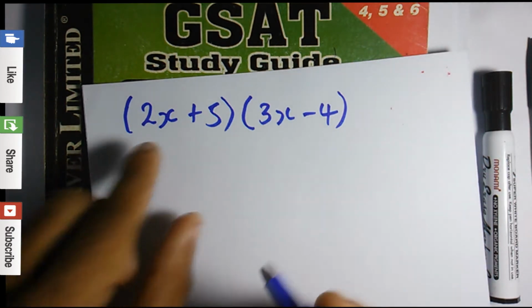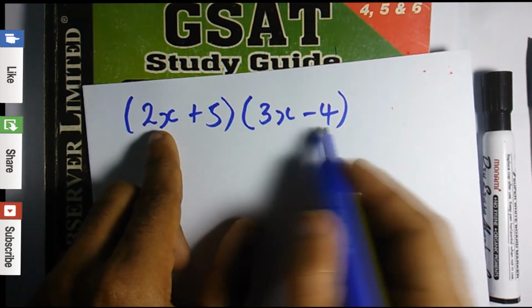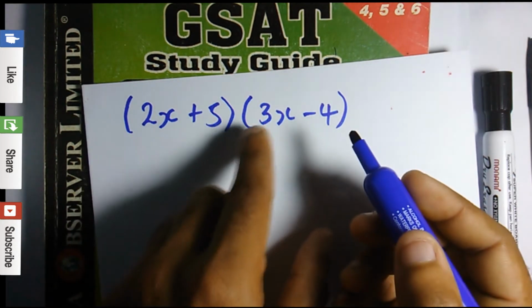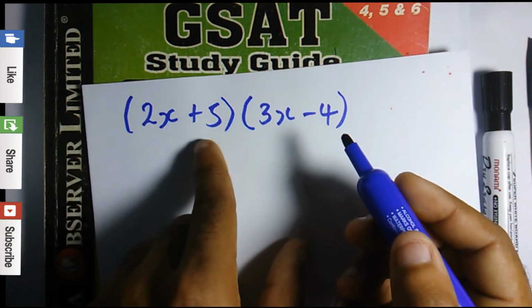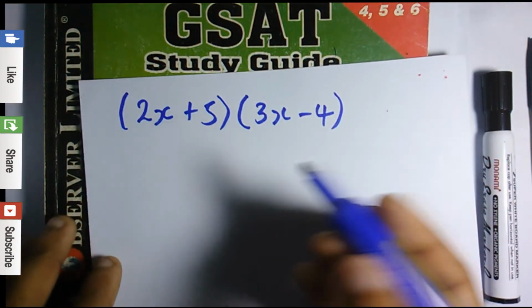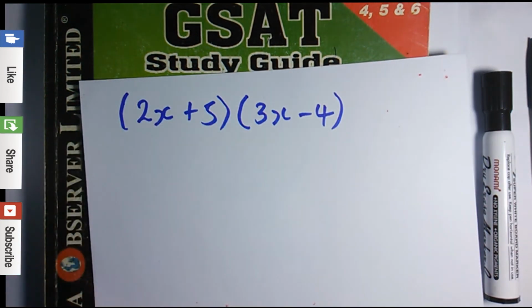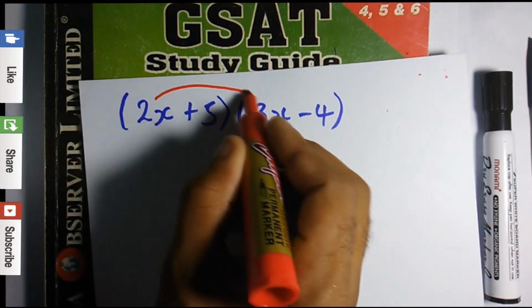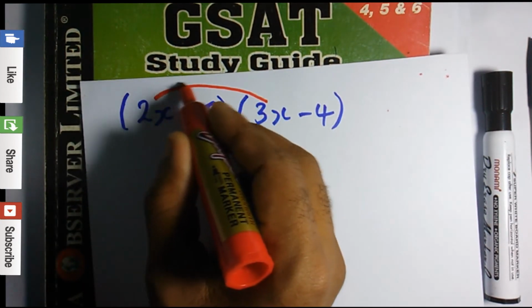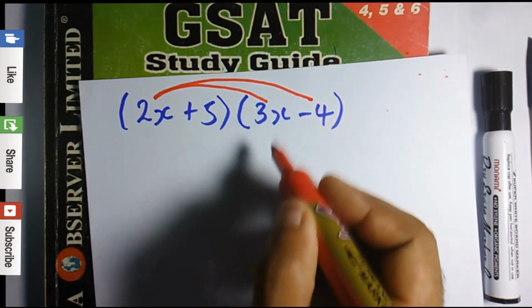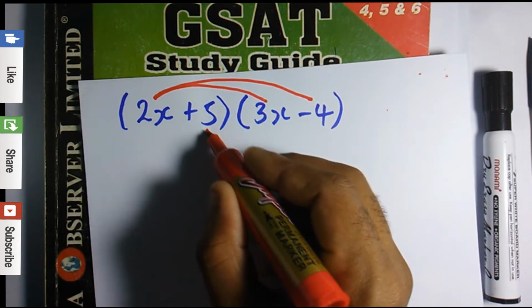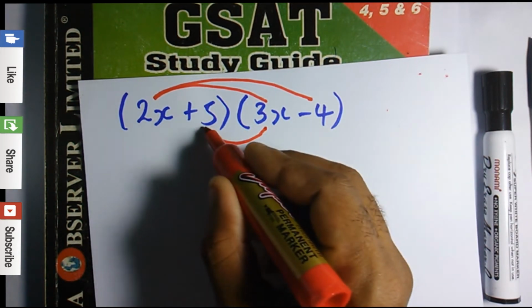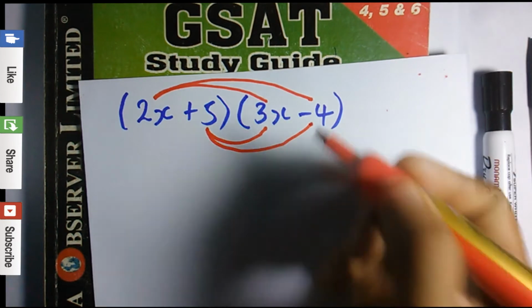So we're going to multiply each term in this bracket by each term in the other bracket. We would multiply 2x times 3x, then 2x times minus 4, and afterwards 5 times 3x, then 5 times minus 4.